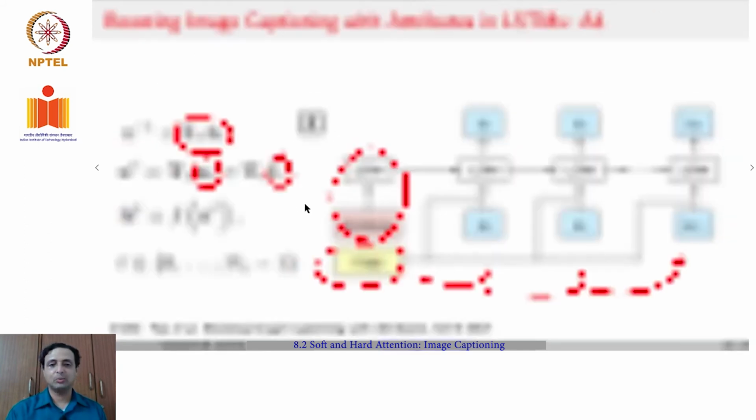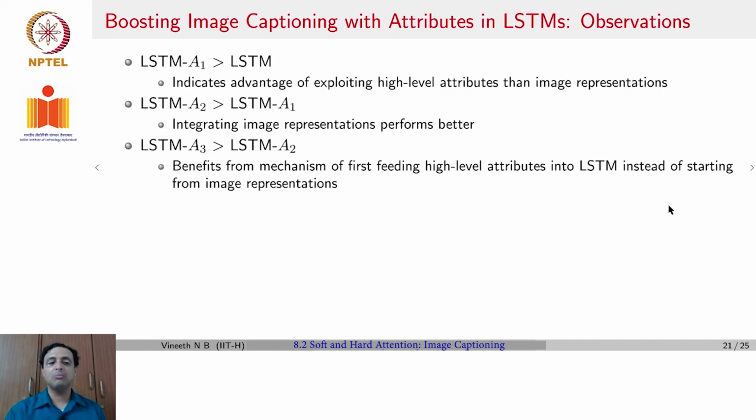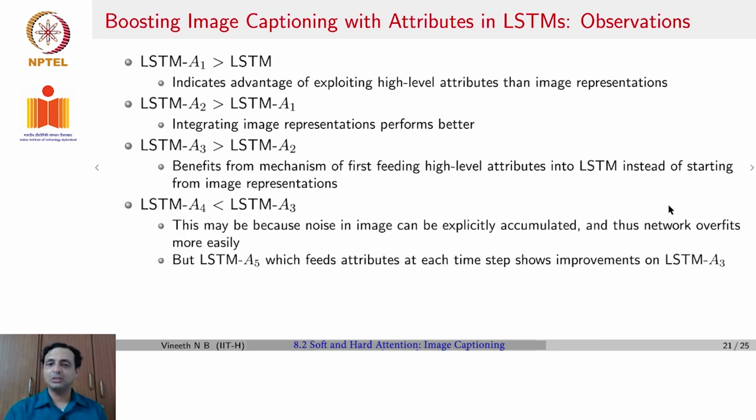Recall, if you go back and see what A4 was, where you provided attributes at x minus 1 and the image as input at every time step. Unfortunately, this did not perform as well, and a possible hypothesis for why is that any noise in the image could now be accumulated in each time step of the RNN, and hence the model could be suffering from some overfitting and not learning the relationship between the image and the text well.